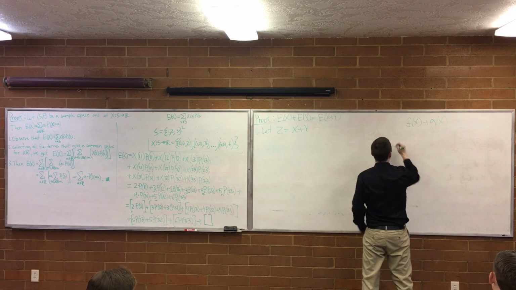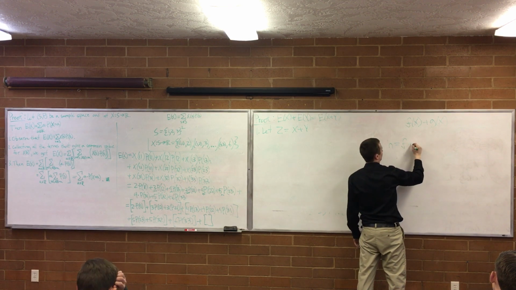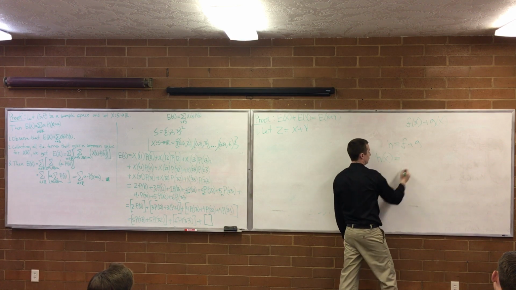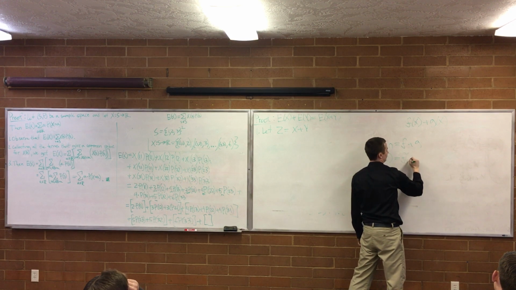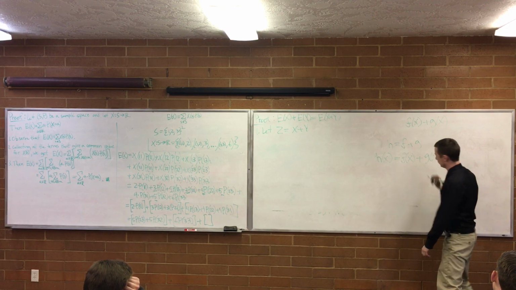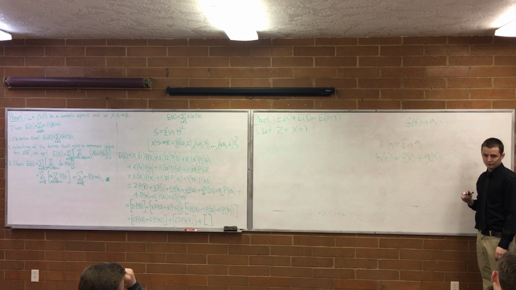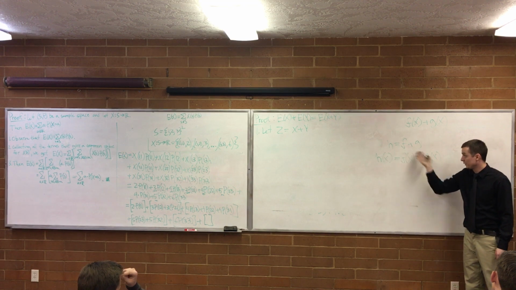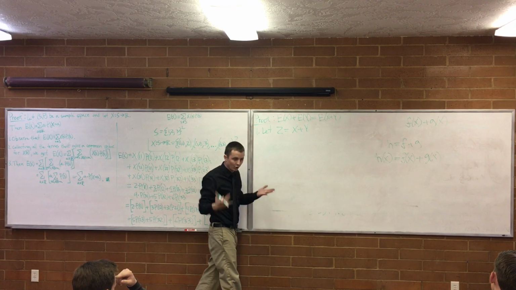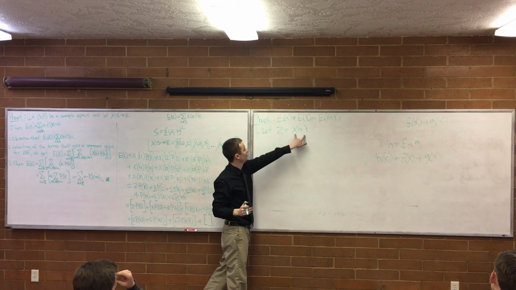So if I say h equals f plus g, what I mean is h of x is equal to whatever value you get when you plug x into f, plus whatever value you get when you plug x into g, right? So that's all we mean by the sum. But just remember we're talking about functions. So let z be the sum of those two real random variables.